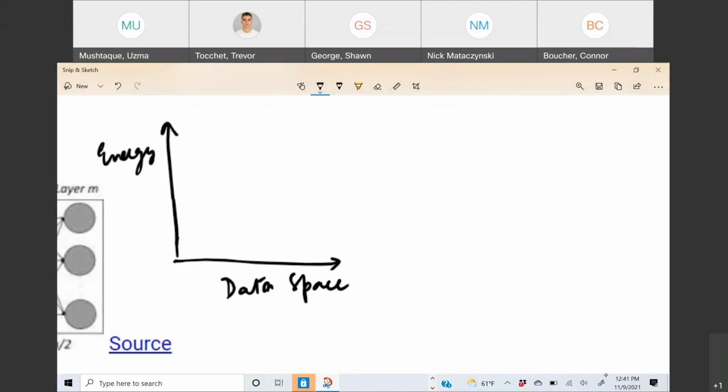The weights are going to define the shape of the energy curve. Let's say I initialize my state, so my weights, somewhere here. Through contrastive divergence, I want to move in this direction, very similar to what we try to do in gradient descent, where we minimize the loss. Here we are trying to minimize the overall energy of the system, so we want to move in this direction.